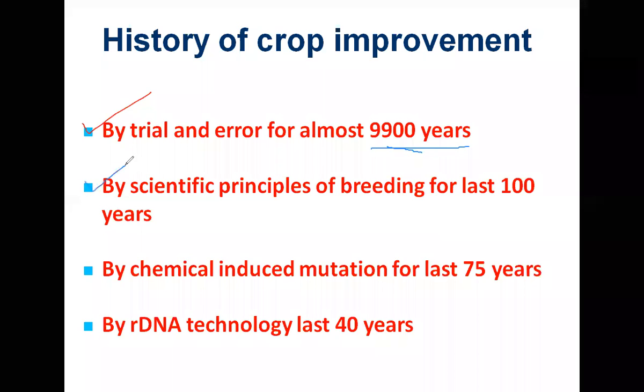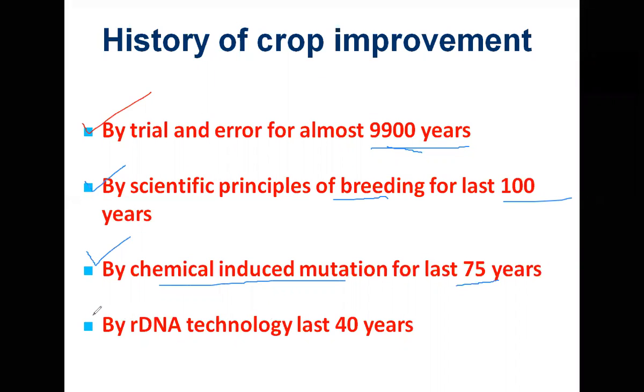By applying scientific principles of breeding, and breeding is a branch of genetics, we have been doing this for almost 100 years. And using chemical mutagens, chemical induced mutation, for almost 75 years, we have been attempting this plant transformation, meaning transformation of desirable traits into the crop plants.